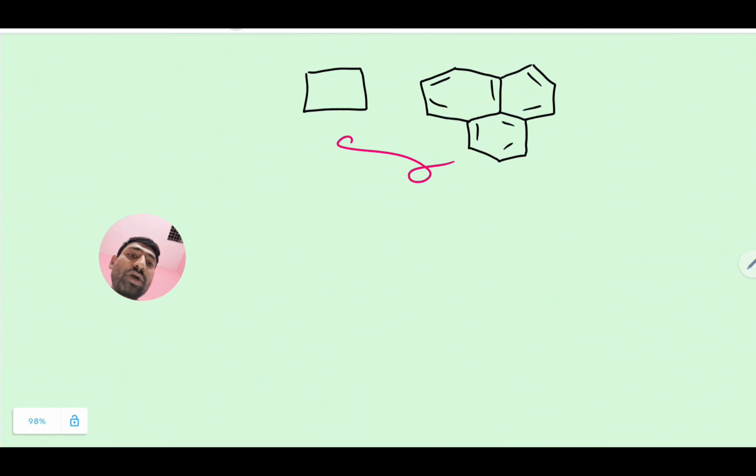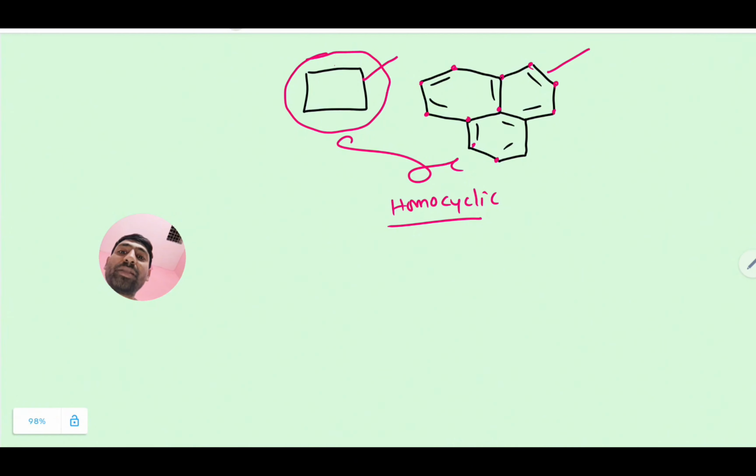If you observe these two compounds, the first one is a cyclic compound, and the second one is also a cyclic compound. But these two have no atoms other than hydrogen and carbon, so we should consider these two as homocyclic compounds. In these two, the first one has no double bond or triple bond, so it is saturated. It is simply a saturated homocyclic compound, guys.